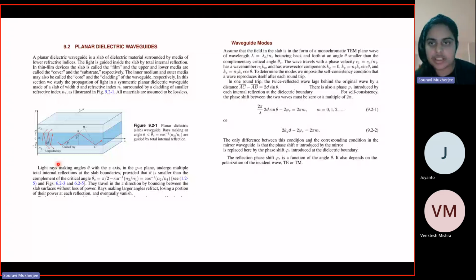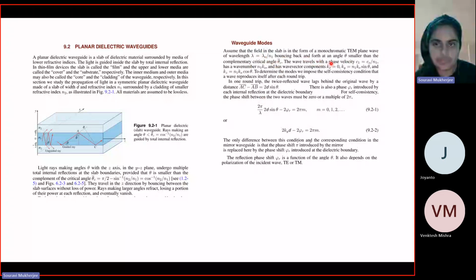So now if you have some wave with a particular wavelength, and here the refractive index is n1. If the free space wavelength is lambda naught, then the wavelength in this media will be lambda naught by n1, and then it is bouncing back at an angle smaller than the complementary critical angle. So that means you are ensuring total internal reflection.